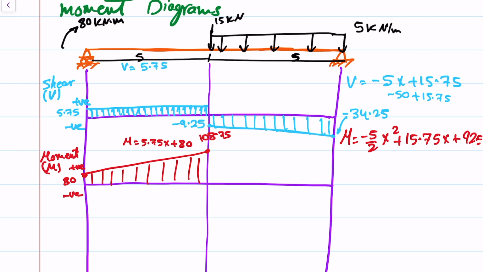Okay, and for the moment equation, for x equals 5, substitute here by x equals 5, this will give you the same number, 108.75. And for x equals 10, the moment will give you 0, and it has a parabolic equation, x squared with negative, so it will look like this.